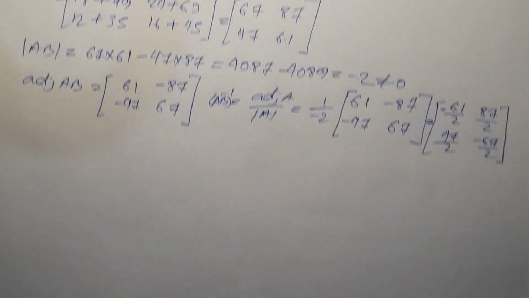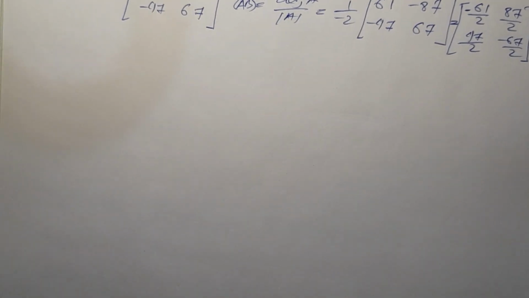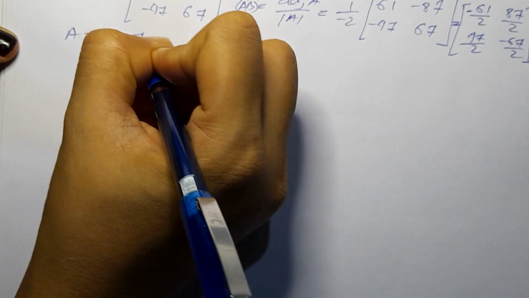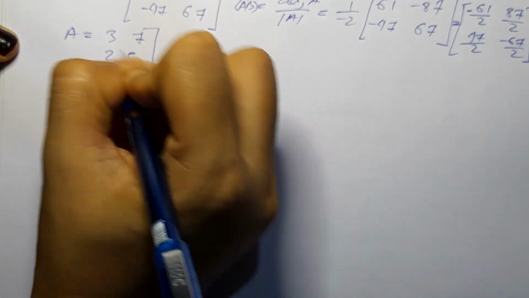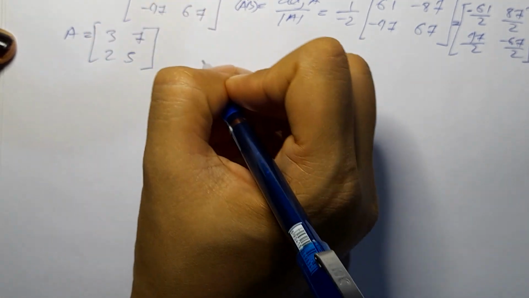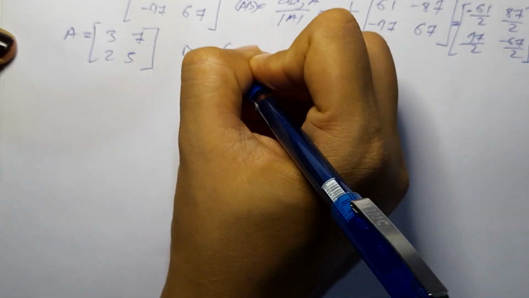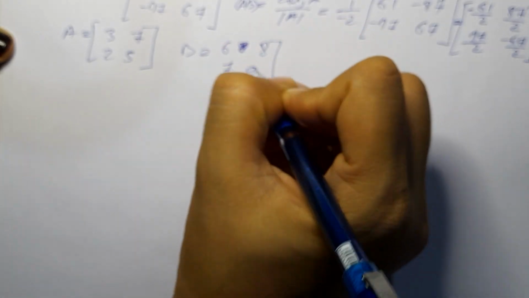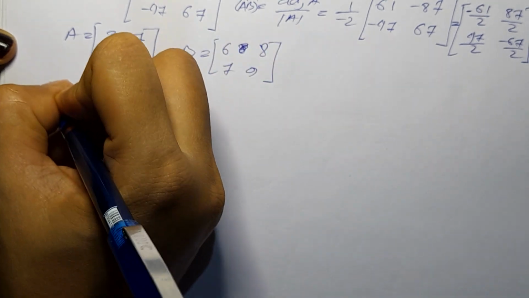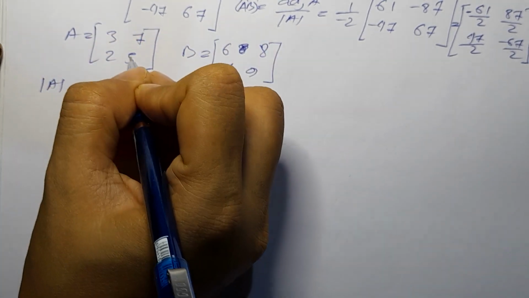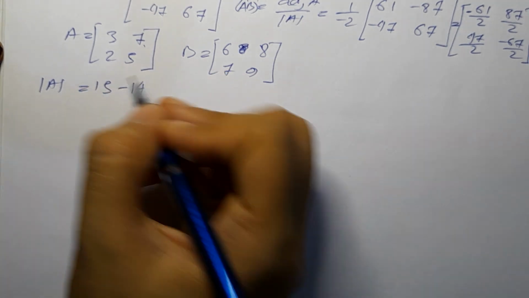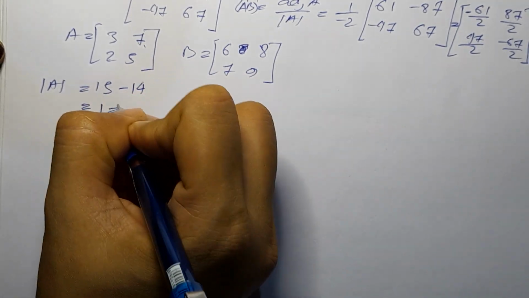Now we have to find the inverses separately and multiply them. So first, this is the A matrix, 3, 7, 2, 5, and the B matrix, 6, 8, 7, 9. First, the determinant of A is 15 minus 14, equal to 1, not equal to 0.